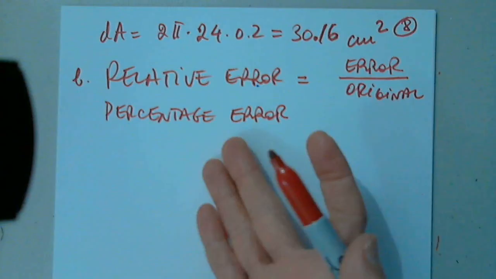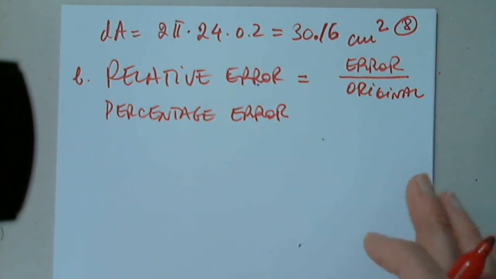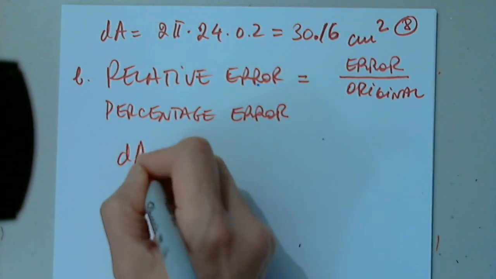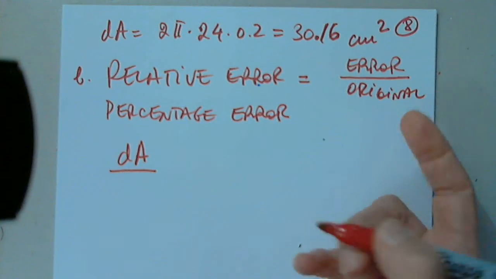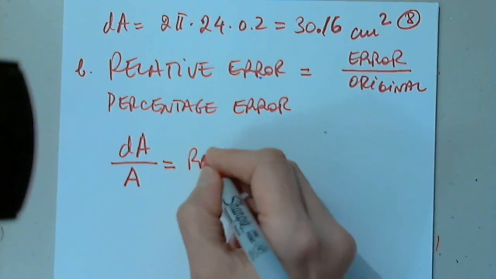And this will be just the percent, changing the relative error into percent. You'll see in a moment. So the error is dA. The original is A. This is the relative error.